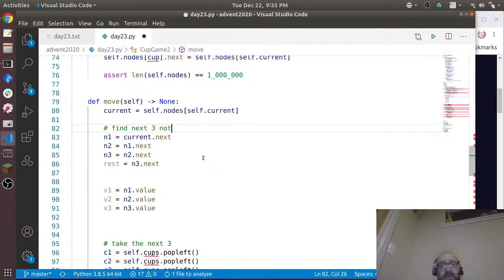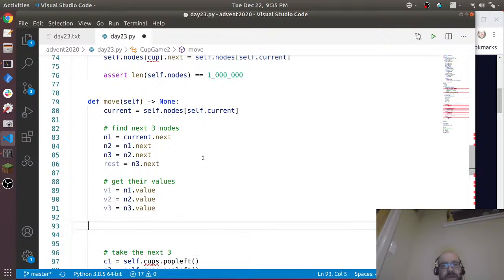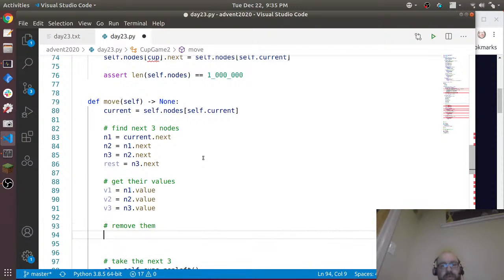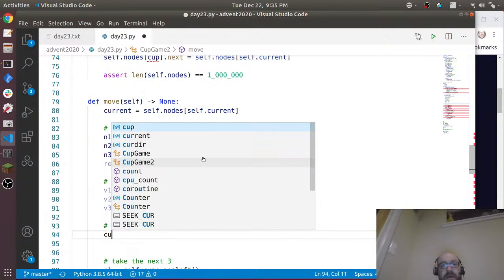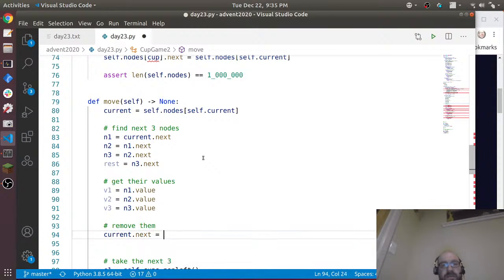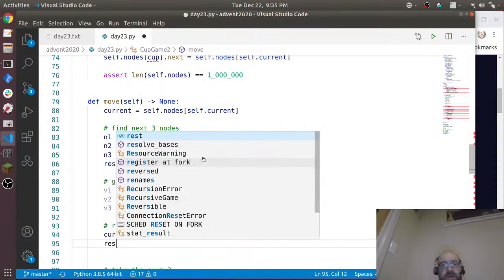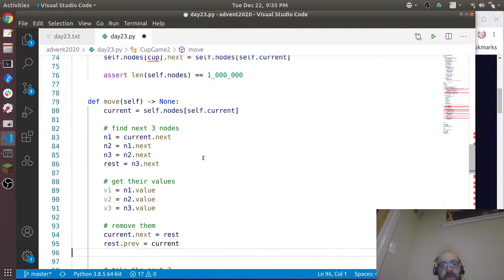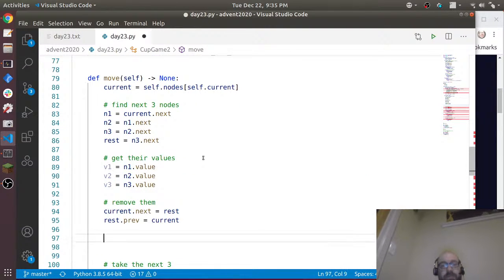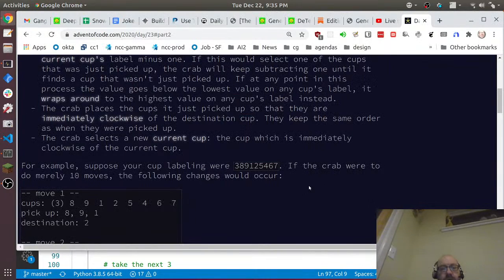Find next 3 nodes, get their values, and remove them. The way we remove them is by saying current.next equals rest, and rest.prev equals current. Okay, and so now what do I want to do?